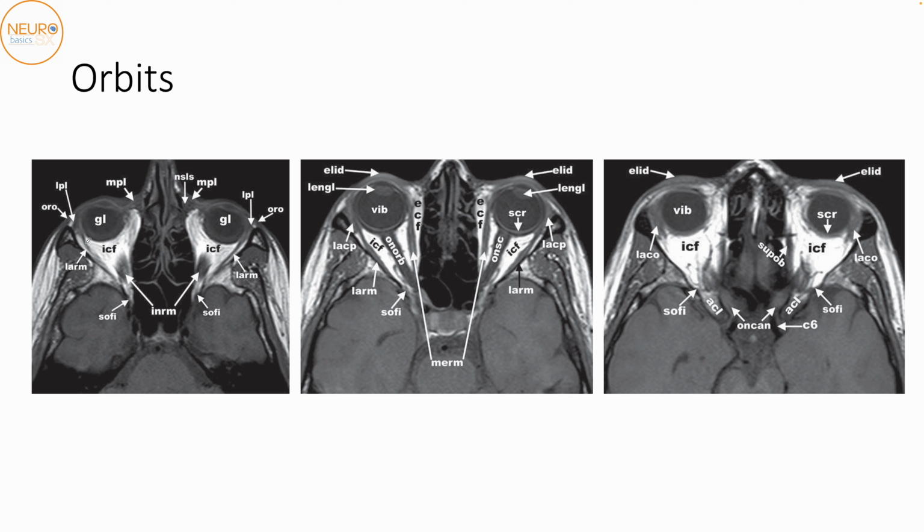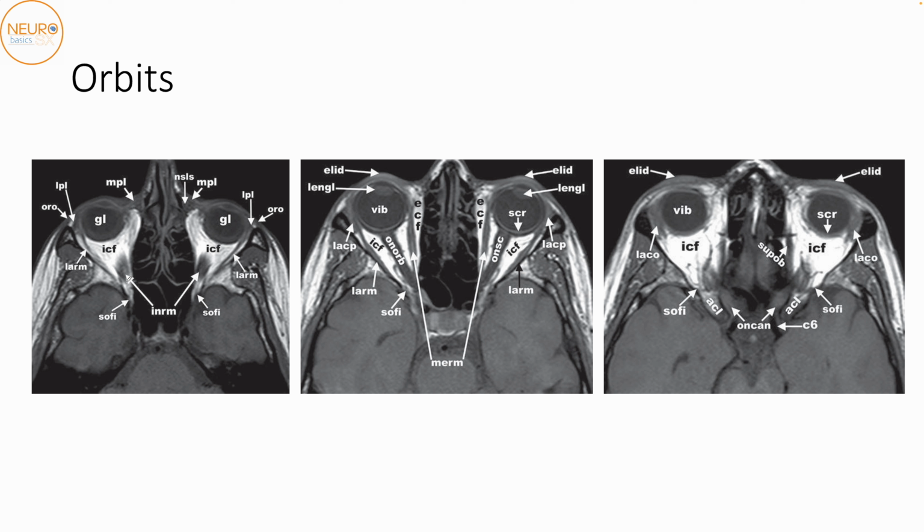Whatever is the bright tissue that you're seeing over here, that is the fat within the orbit. Again, these are images without fat suppression, so the fat will appear bright. Okay, even with all this bright appearing fat, you can make out the different structures within the orbit. So this is the globe. And then behind that, this is all the intraconal fat.